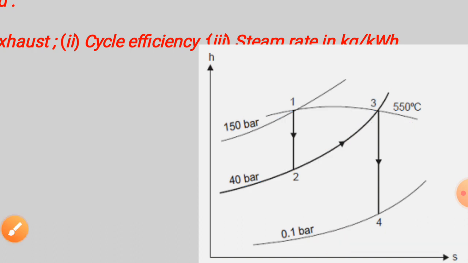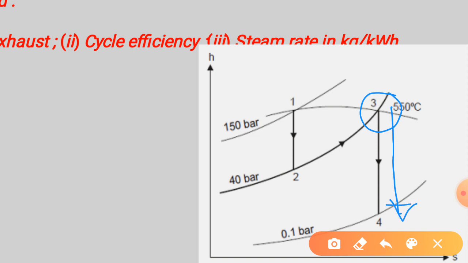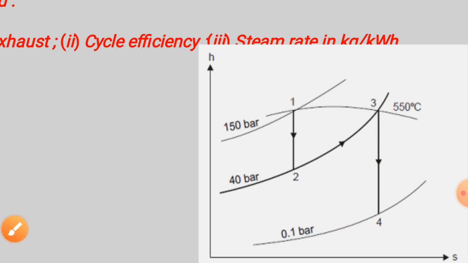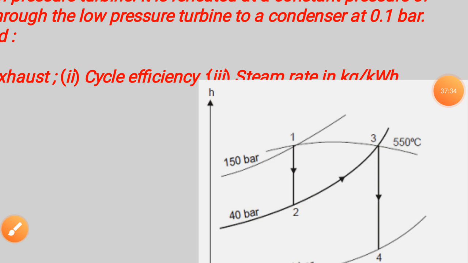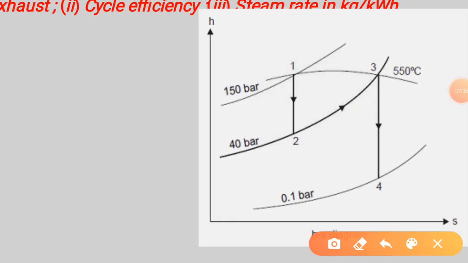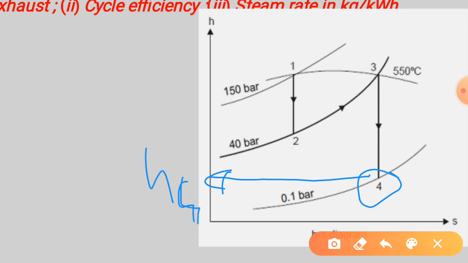From state point 3 on the Mollier chart, I will draw a vertical line downward till it cuts the condenser pressure line of 0.1 bar. Wherever both intersect, I mark state 4 and get the enthalpy at state 4, that is H4.